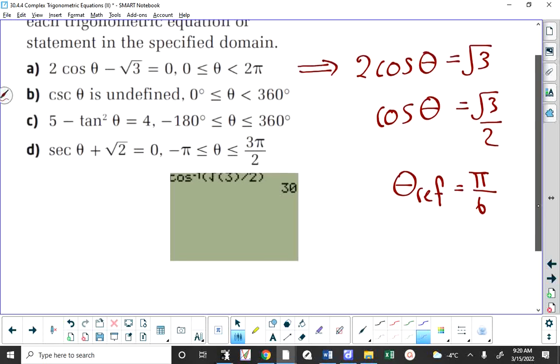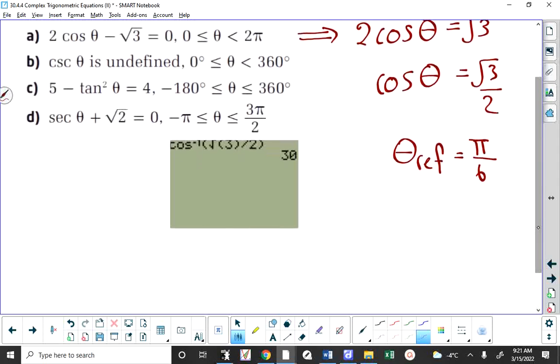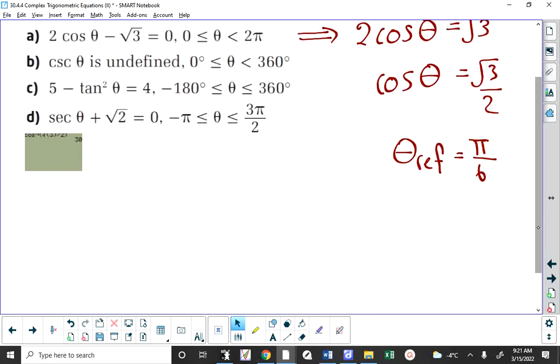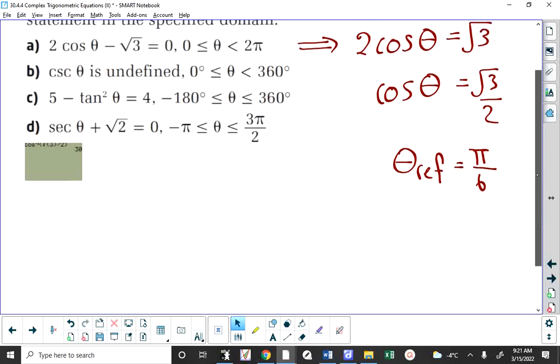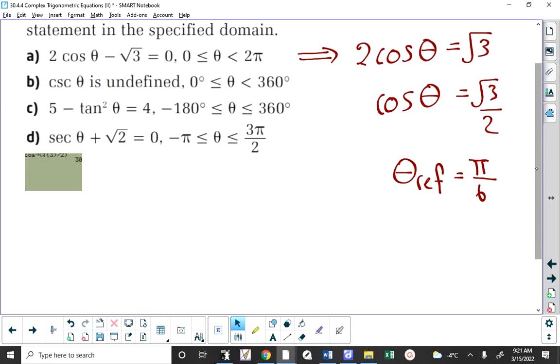Then what you need to do is identify the quadrants in which the terminal arm of the rotation angle lies, and we had cosine of theta was positive root 3 over 2. So you need to look at your 4 quadrants and identify in which 2 quadrants cosine of theta is positive.